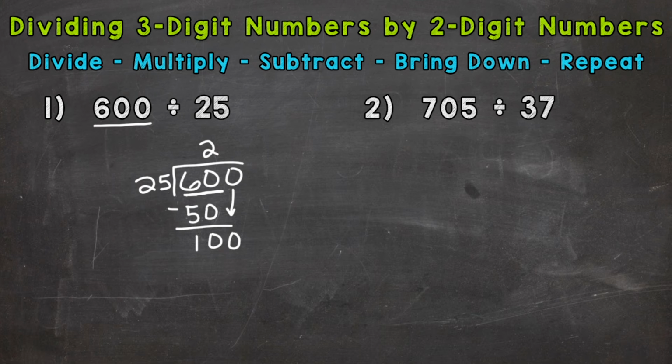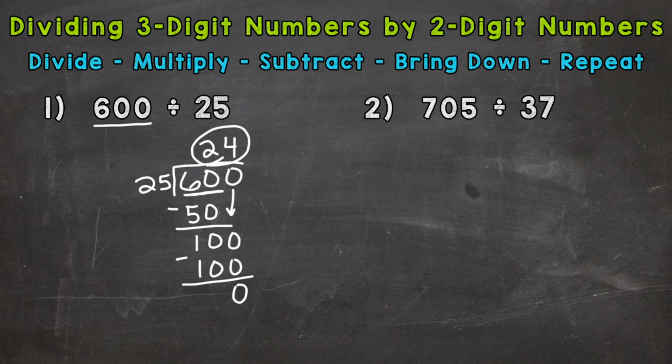So we can pull 4 whole groups of 25 out of 100. Now we multiply. We get 100 here. Subtract. We get 0. And that brings us to bring down. But we went all the way over to the ones place and there's nothing else to bring down. So we are done. 24 is our answer and we do not have a remainder.